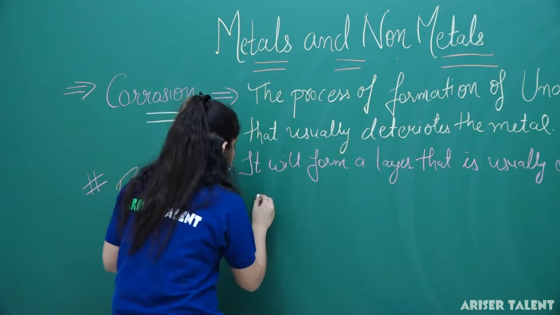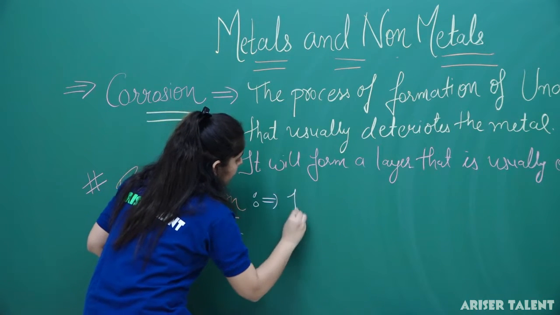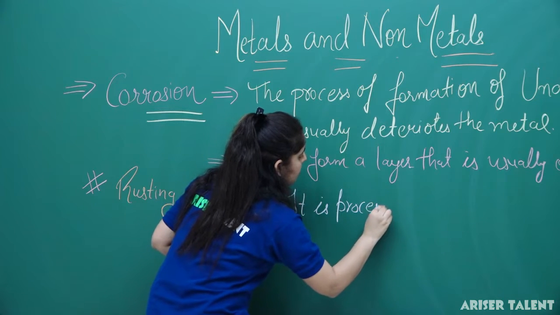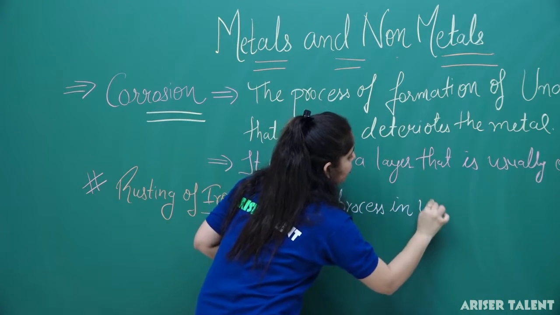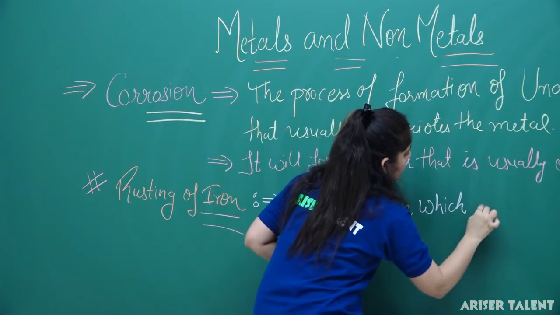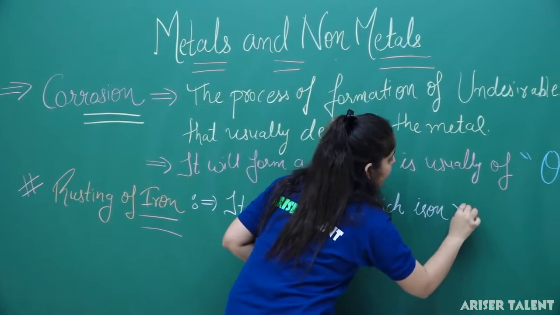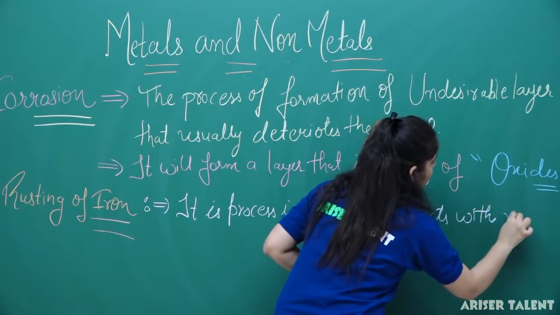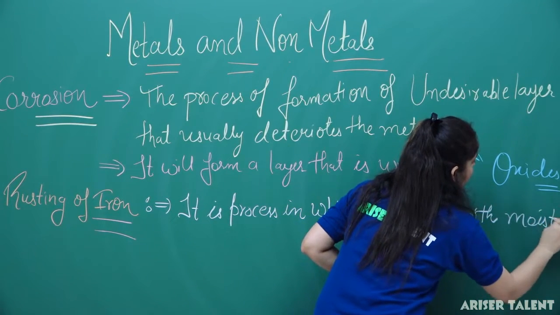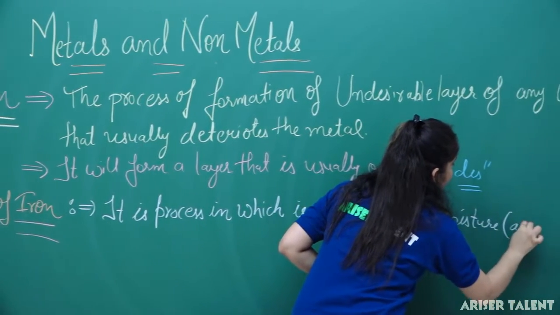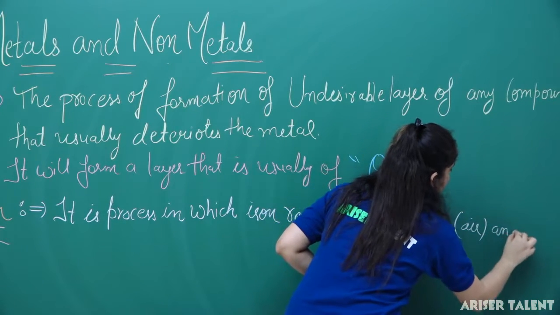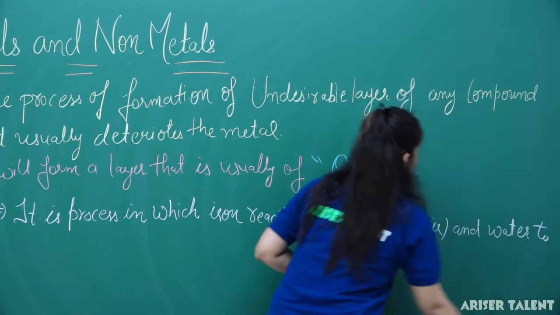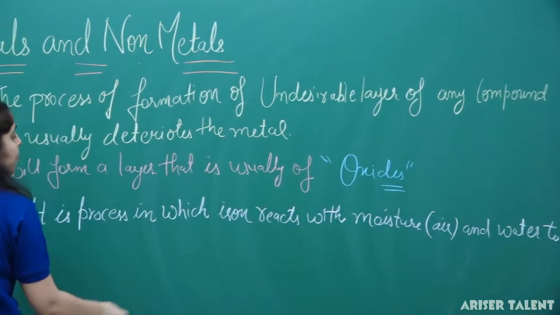Rusting of iron is a process in which iron reacts with moisture, that is air, and water to form a dark brown colored flaky layer.